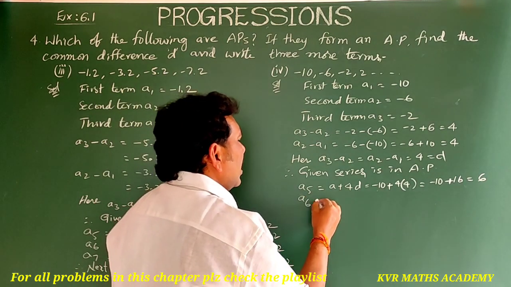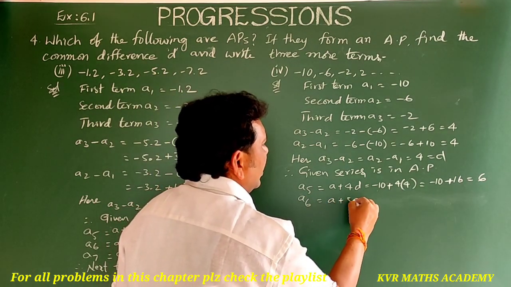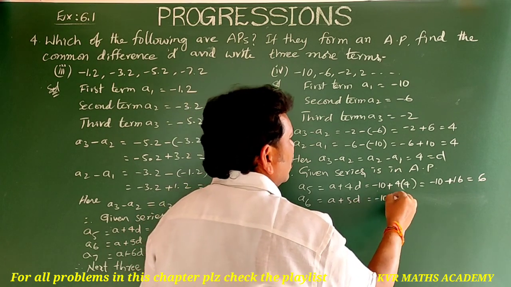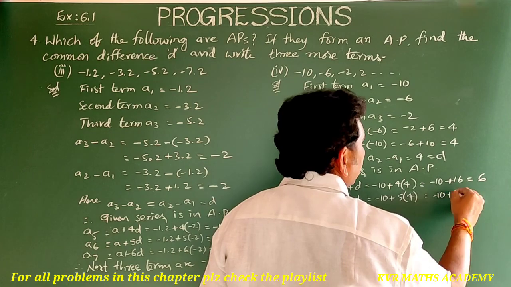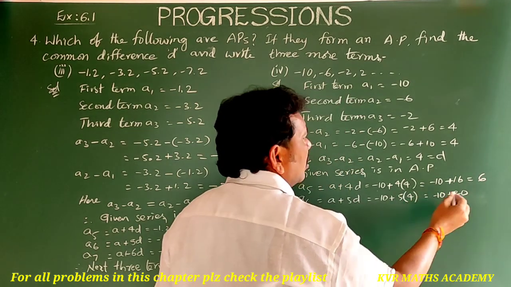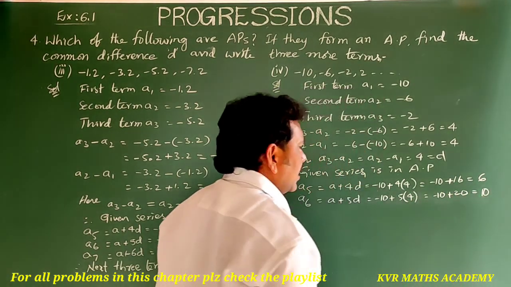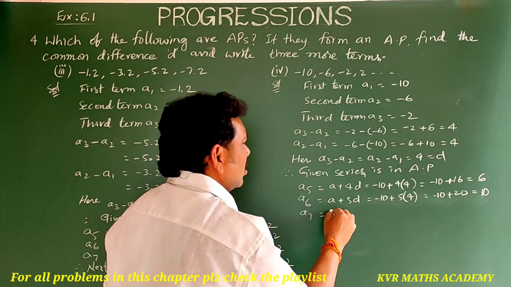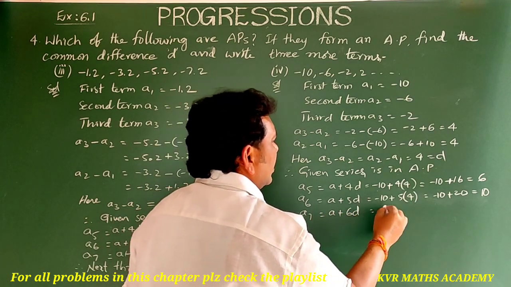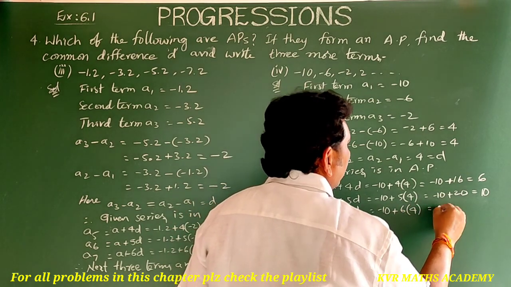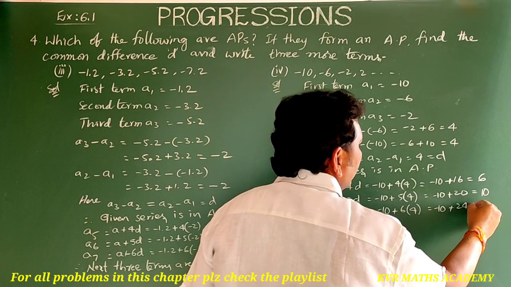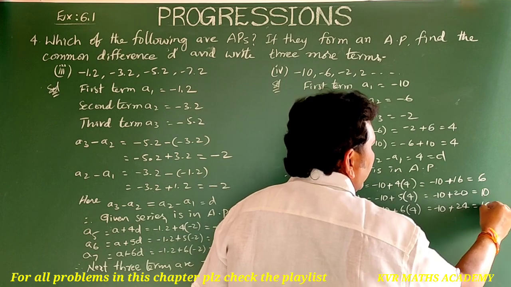Next, sixth term, a6 equal to a plus 5d. So minus 10 plus 5 into 4. That is minus 10 plus 20, 5 4s are 20. That is equal to 10. Next, a7 is equal to a plus 6d. That is minus 10 plus 6 into 4, that is minus 10 plus 6 4s are 24. That is 40.